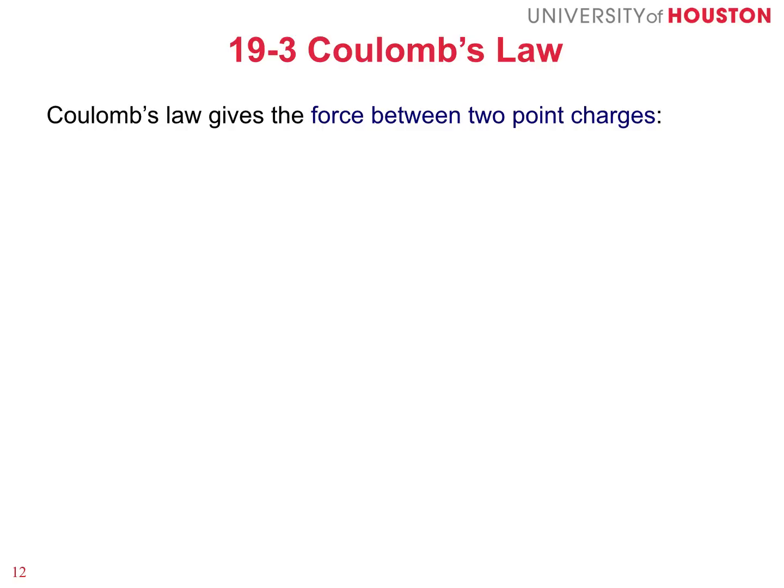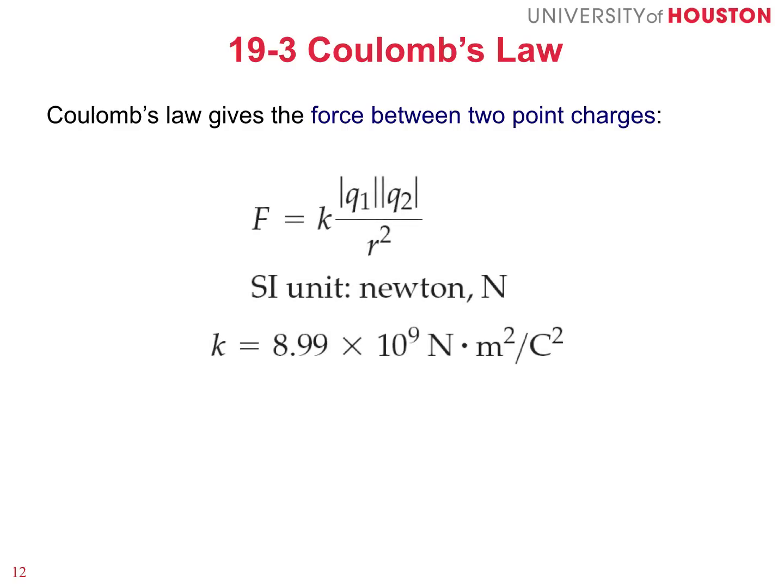It's given by the equation F = k Q1 Q2 / r^2, where Q1 is the first charge, Q2 is the second charge, r is the distance between the charges, F is the force that we're interested in, and k is a constant, and in SI units this constant is 8.99 × 10^9 newton meter squared per coulomb squared.